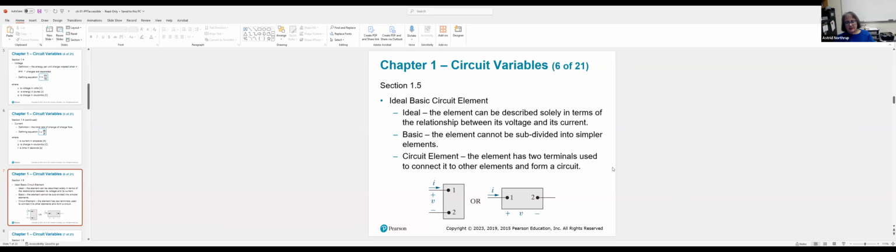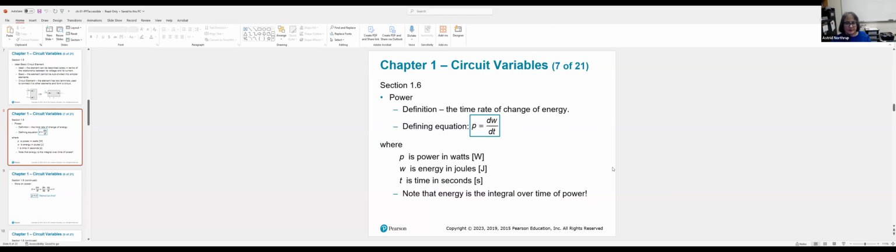So it's ideal because we can describe it in terms of current and voltage, and it's basic because it can't be subdivided. If we take away any of those elements, we really don't have a circuit at all, and we just have two terminals. And this is how we form an ideal basic circuit.